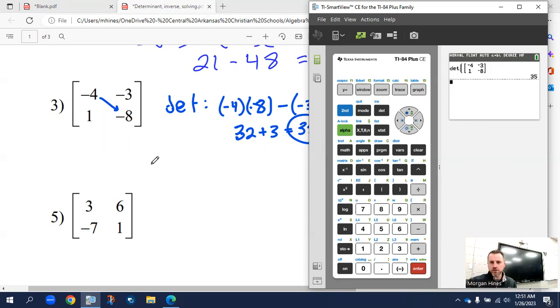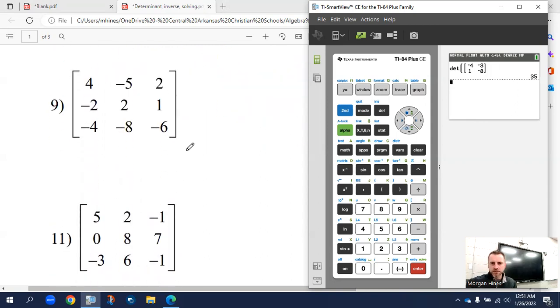Okay, so let's do a 3 by 3 real quick, and I'll show you how to do those. I want you to do the 2 by 2 by hand. Doing a 3 by 3 by hand is pretty tedious. Practically speaking, I just don't think it's something we need to do right now, so we're going to use our calculator. 3 by 3, same thing. Go to determinant, alpha, zoom. This time I need to go up and select a 3.